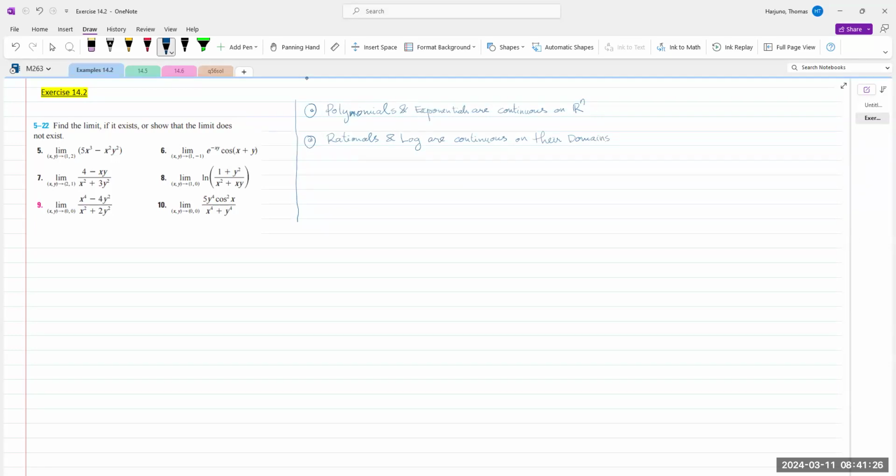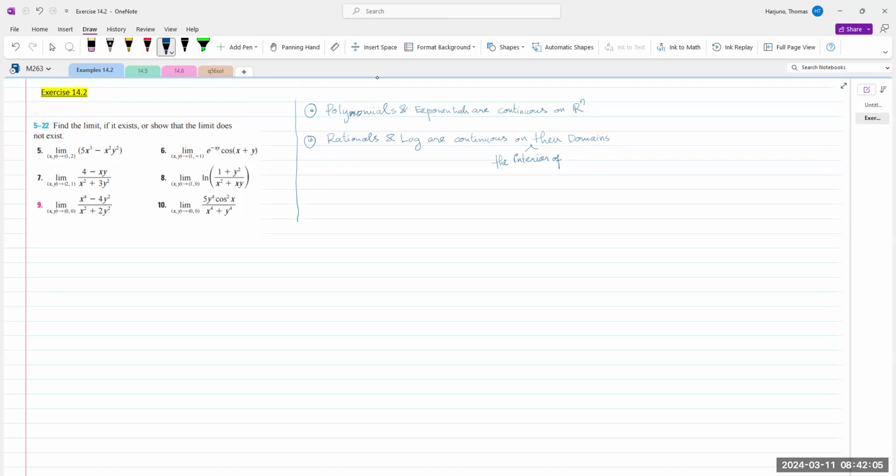I think for now I prefer to say continuous on the interior of their domains. I need to explain a bit about that, but I will leave it for later.